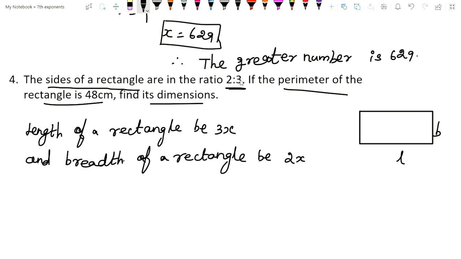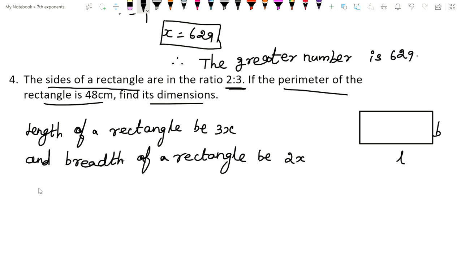So the greater one represents length, the smaller one represents breadth. The ratio of length and breadth is given. So the length of your rectangle we consider as 3x and the breadth of your rectangle 2x, because that value is not given, the ratio alone is given. So we are taking the constant here. Okay, 3x and 2x.